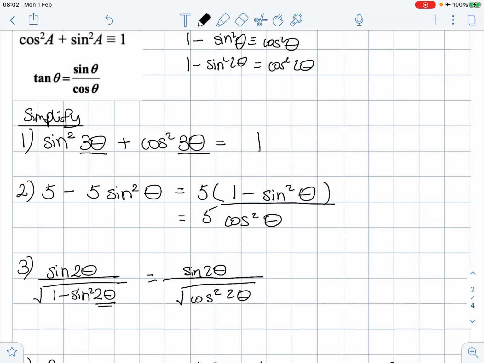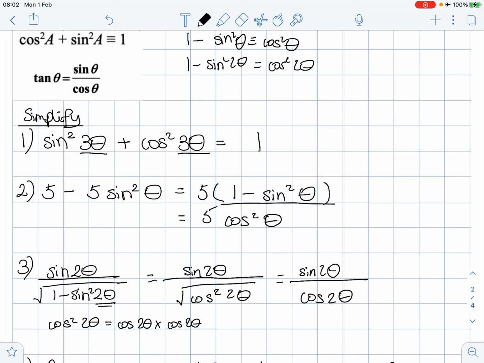Remember, cos squared 2 theta basically just means cos 2 theta multiplied by cos 2 theta. So if we take the square root of cos squared, we know this is the same as sin 2 theta divided by cos 2 theta.